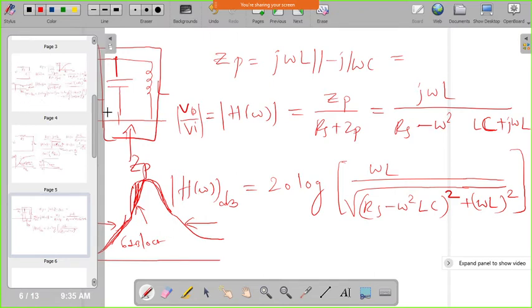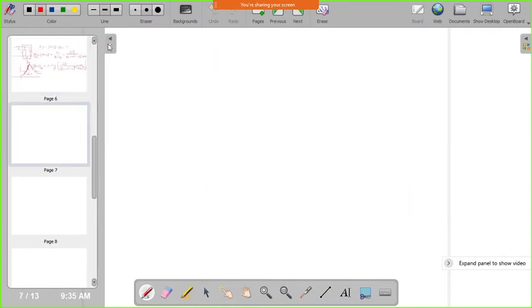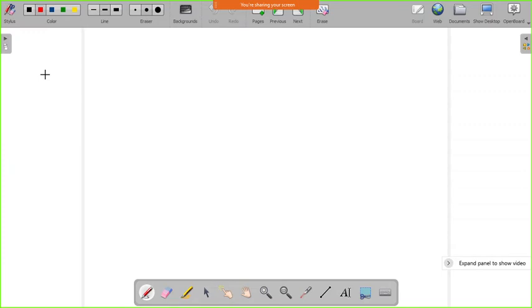Now what is meant by the loaded Q and how can we get it? What components does it require, and how does it describe the passband characteristics?